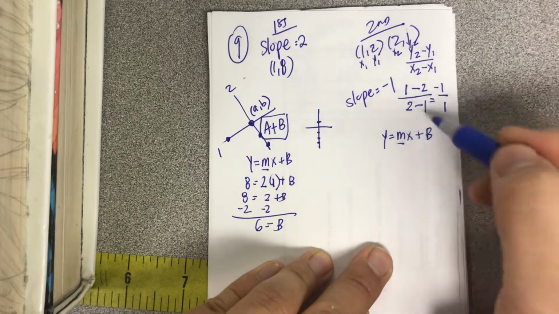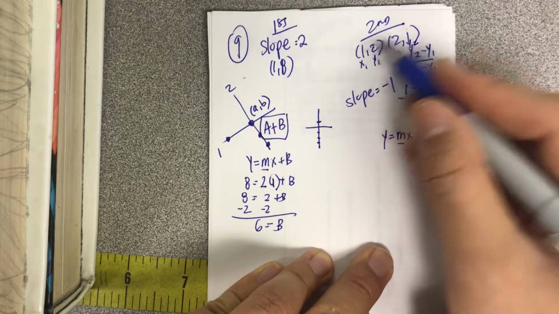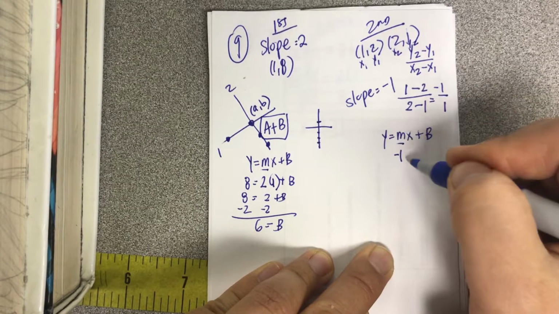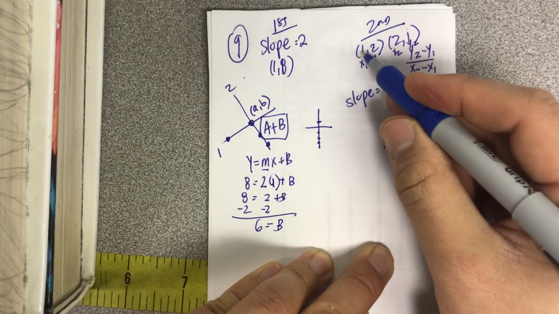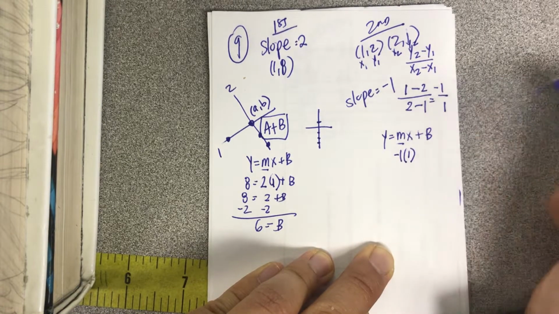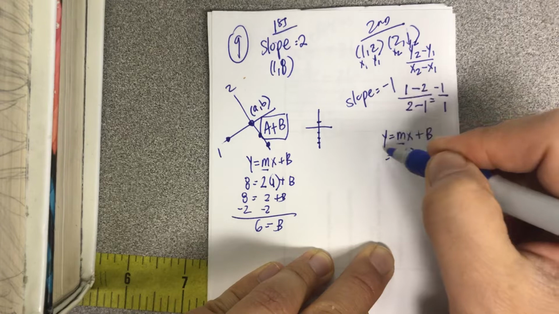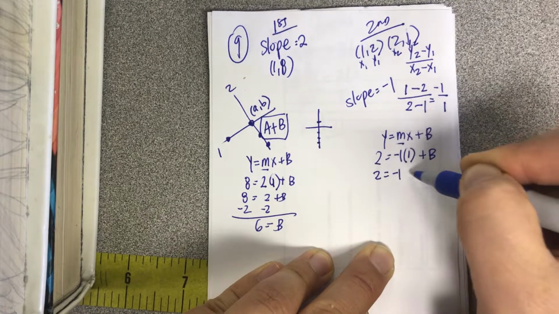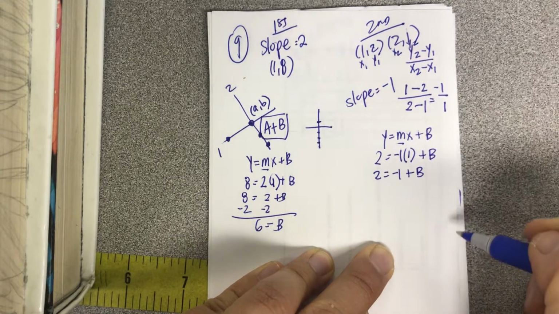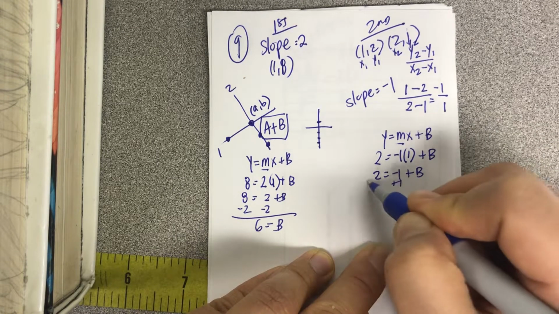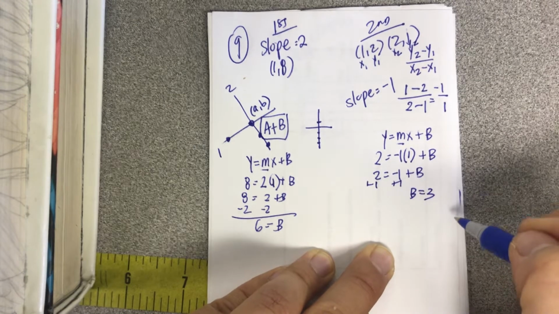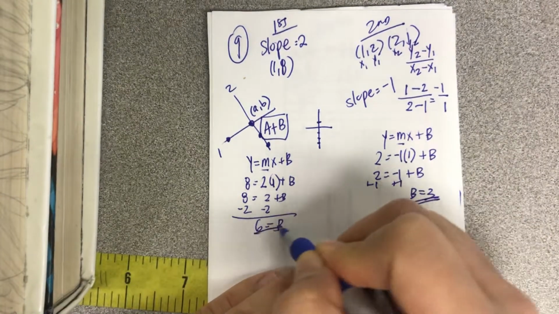On this side, we do the same thing. You could take either point, but I'll use this one; either will work. Our slope is negative 1, which we figured out. Our x is 1 and y is 2. So negative 1 plus b equals 2, then you go plus 1, and our b is going to equal 3.